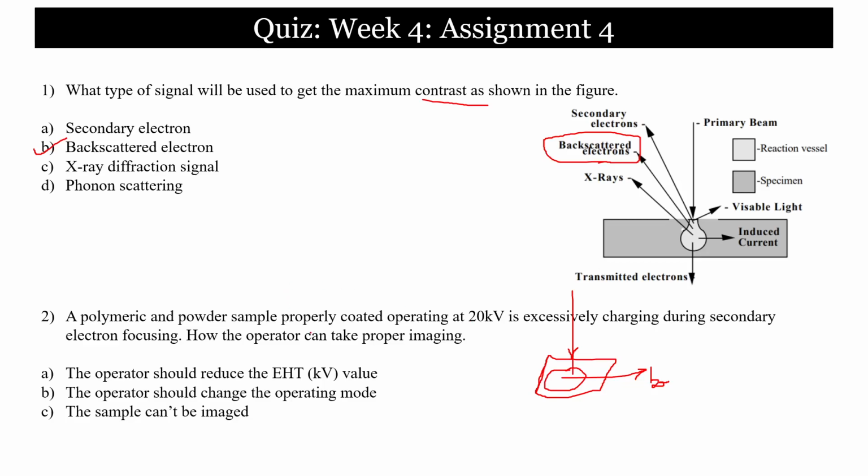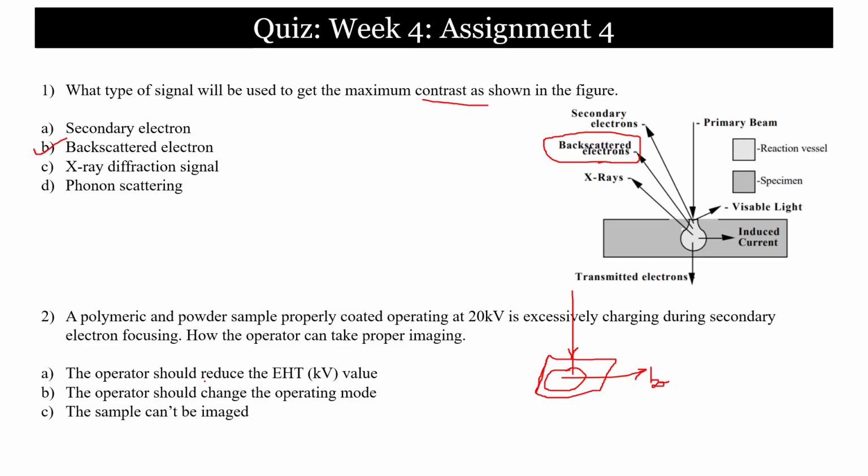So the question says a polymeric or a powder sample properly coated operating at 20 kV is being charged due to secondary electron focusing. How can the operator take a proper image? The operator either should reduce the kV EHT value, change the operating mode, or the sample can't be imaged.